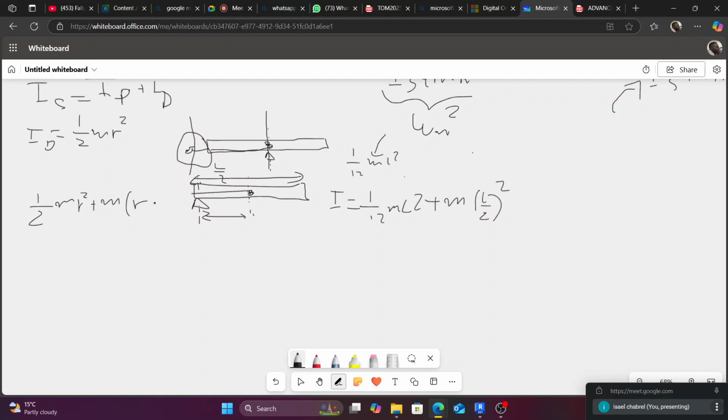Let's say it's L over 2, so you have (L/2 + r) squared. What people confuse sometimes is that you can also have a disk where the bar enters through the center. In this case, you'll understand, I have this m, and the distance from the center to here, if it is L, is going to be L only. But if it is at the edge, you add this radius. I know. I'm clear on that.